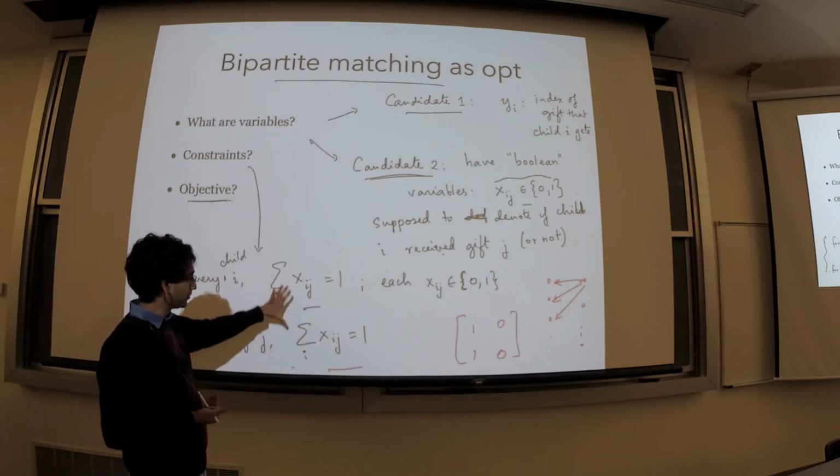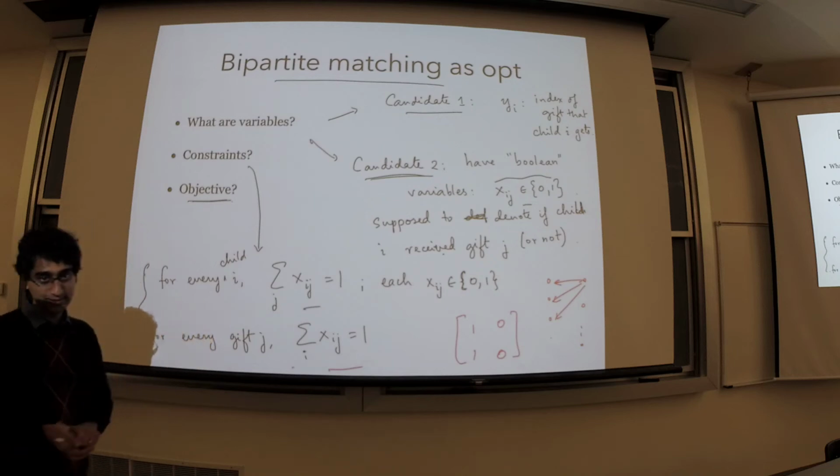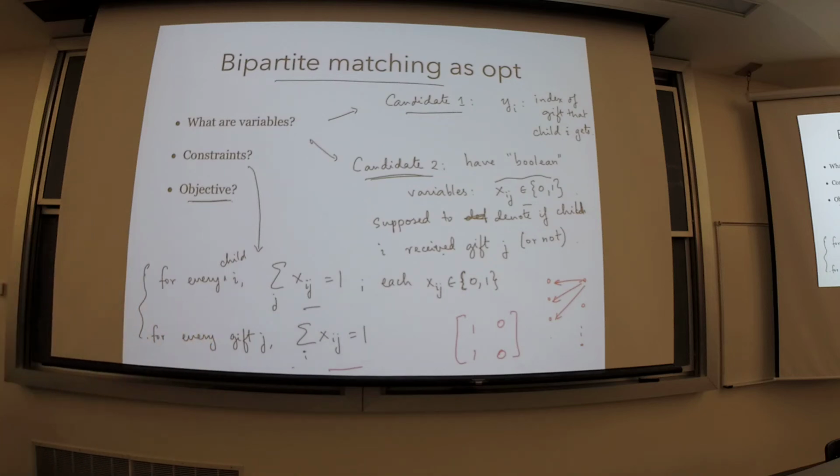I was going to skip that step, but often you need to convince yourself that this optimization formulation actually captures the problem, and that argument would have revealed the issue. So now we have our variables, we have our constraints, we have our objective.